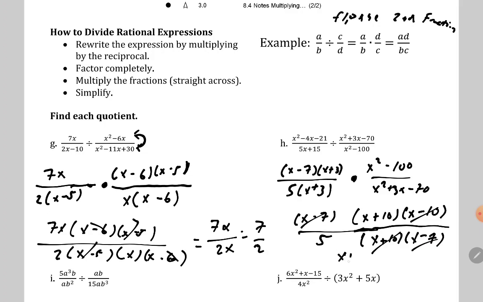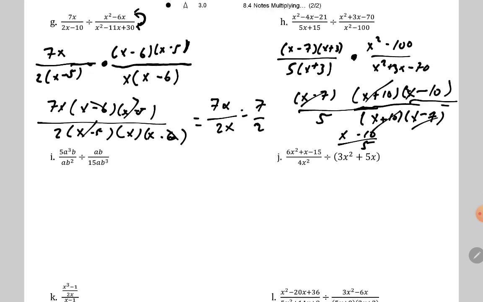And we're left with x plus 10, oops, I canceled out the wrong 10. X minus 10 over 5. Okay, part I.